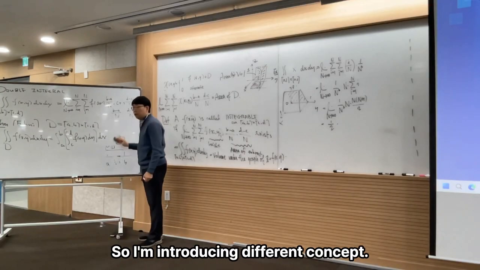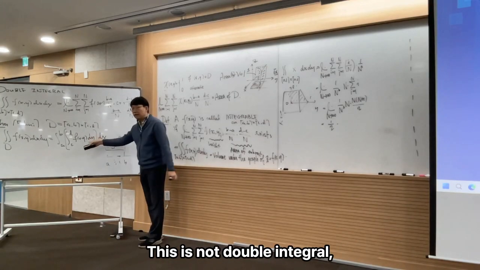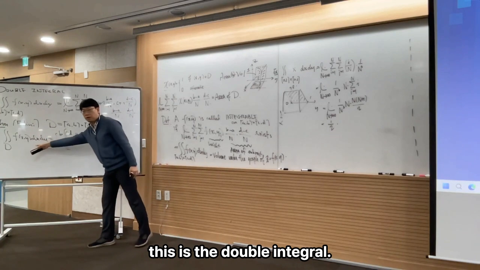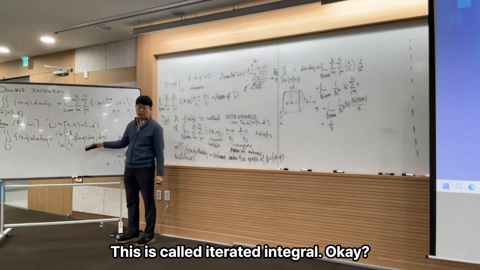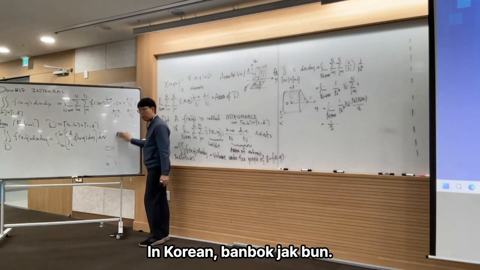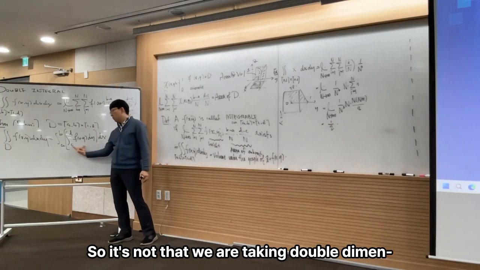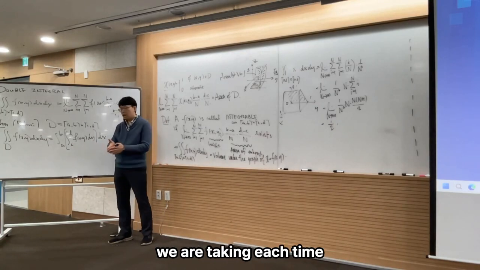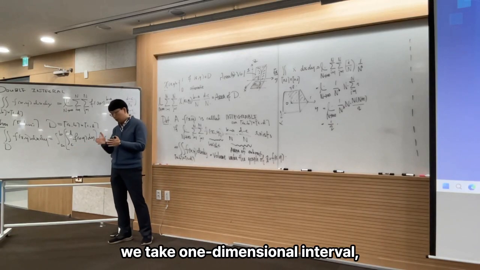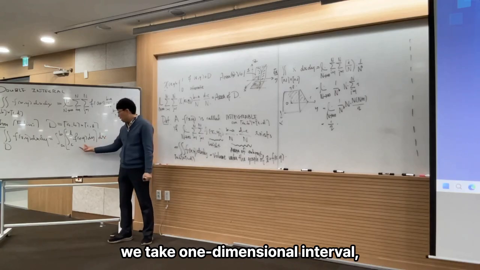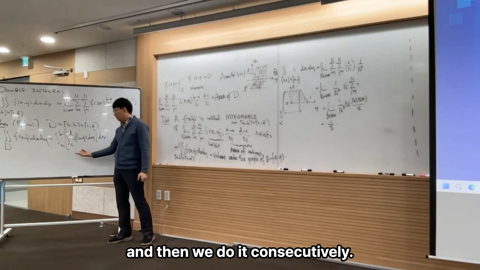So I'm introducing a different concept. This is not the double integral. This is called the iterated integral. In Korean, 반복적분. It's not that we are taking a two-dimensional region. Each time we take the integral, we take a one-dimensional interval, and then we do it consecutively.